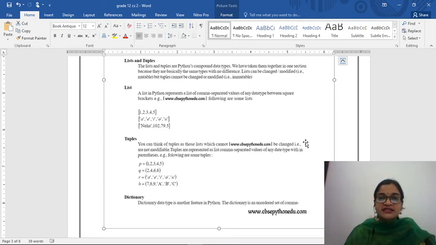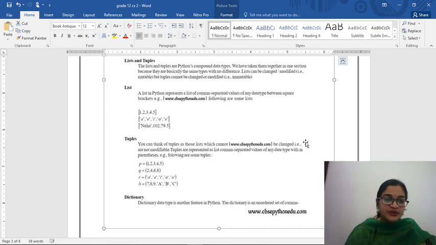In another, I have given string data types enclosed in quotations. And in the third example, which has Neha, 102, 79.5, we have mixed data types, right? So the first and foremost thing you know about a list is that it is comma separated values of any data types enclosed in square brackets.